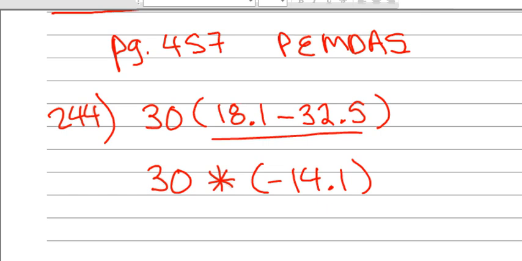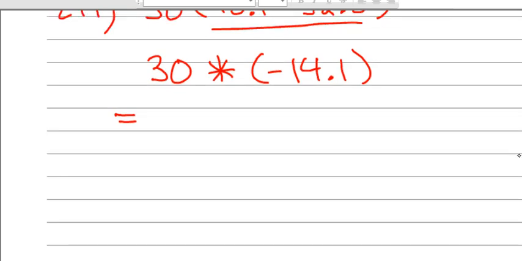And now multiply your negative 14.4 by 30. And I'm getting negative 432. So these are much easier to do on the calculator. And I'm going to do a hard one here. This is 251.